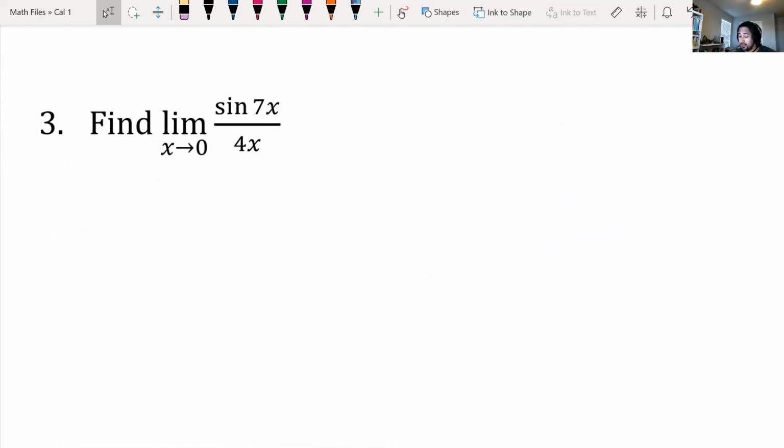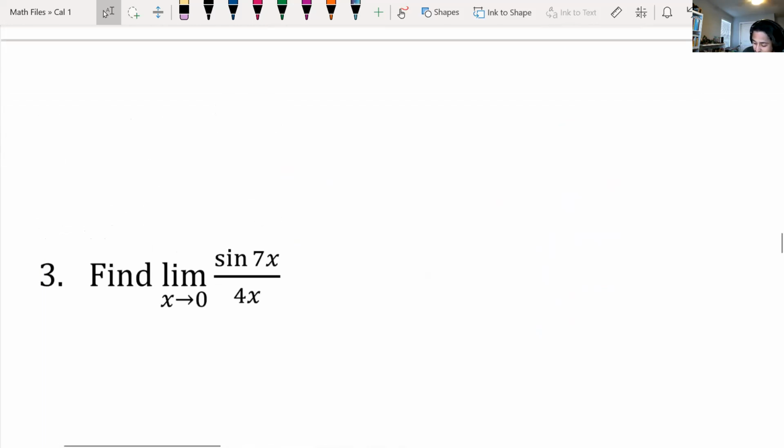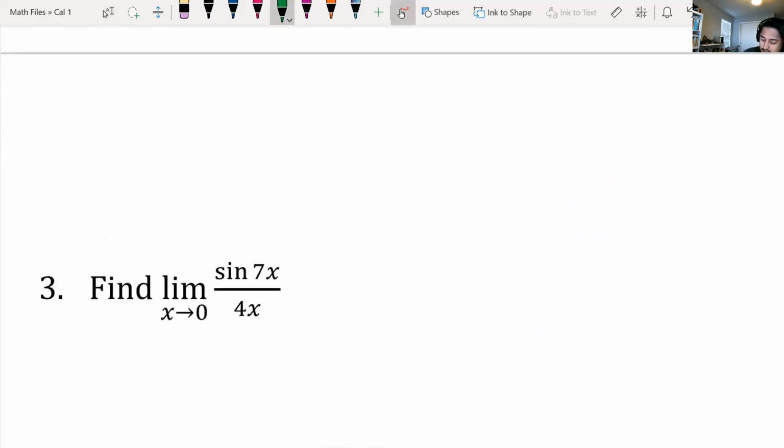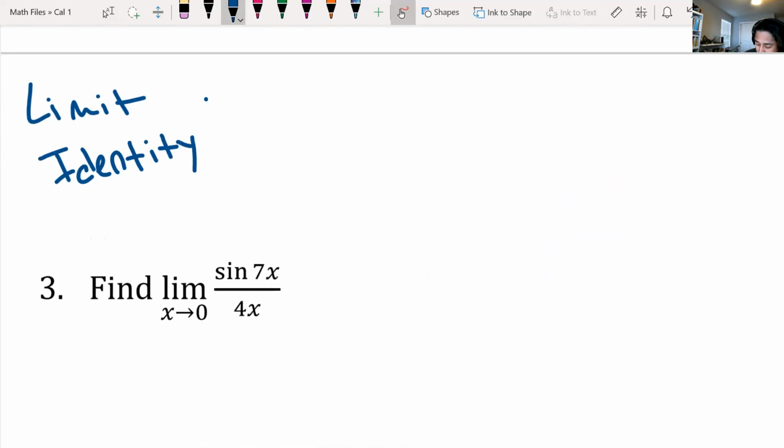What does this look like? Almost 1. I'm saying more of our limit identity. What is the trig limit identity that we know? Sin x over x equals 1.